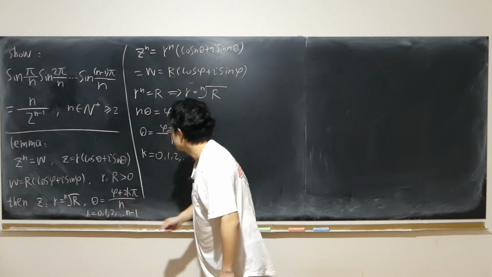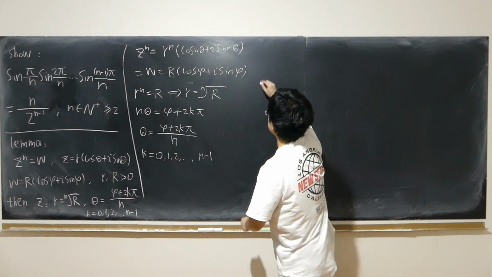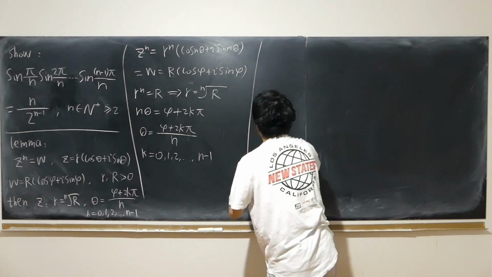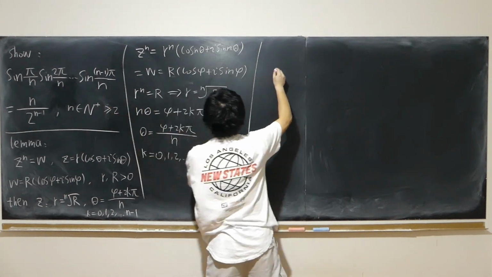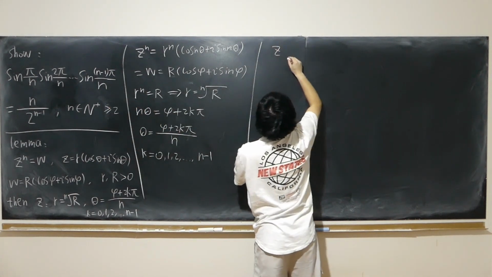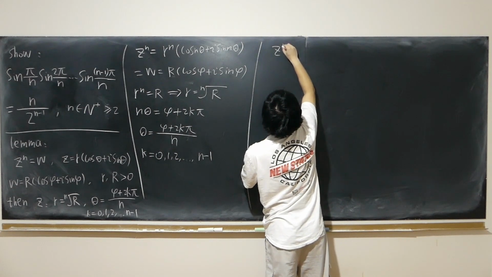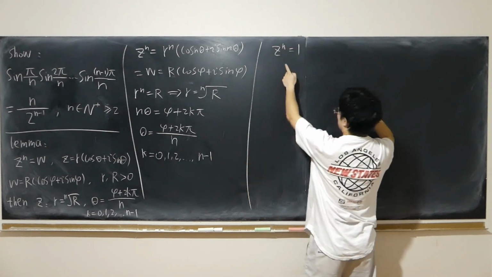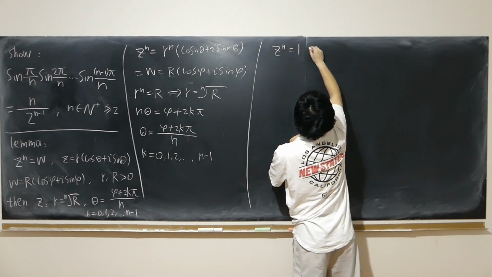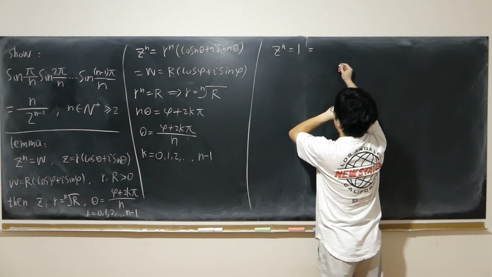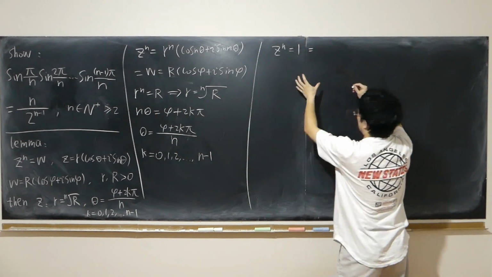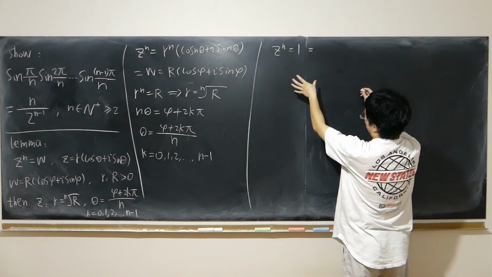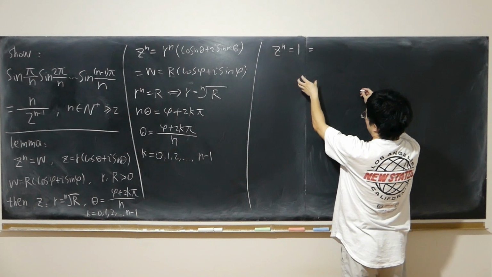We have n different roots. So we're going to use this fact, in order to prove this identity, and construct z to the power of n equals 1. We're going to solve for z. But remember, 1 can be written in trigonometric form, treated as a complex number. Its principal argument is just 0 degrees, and its length, its modulus, is 1.